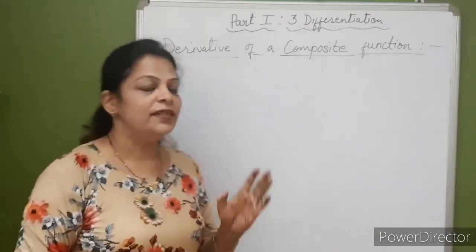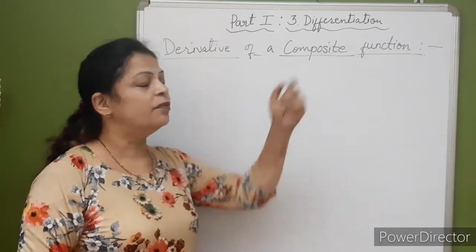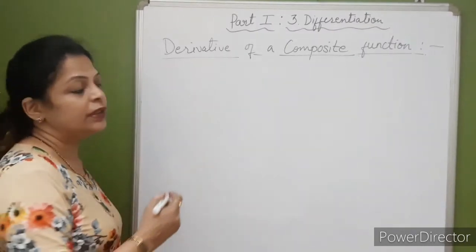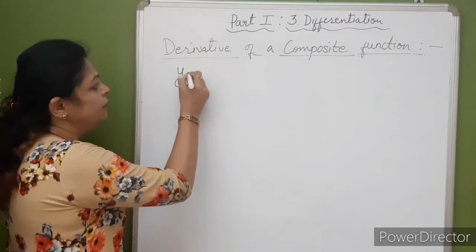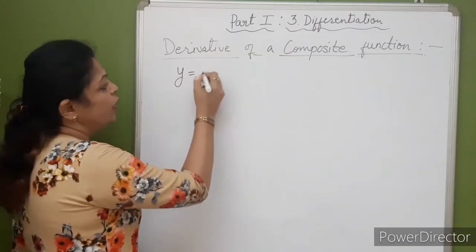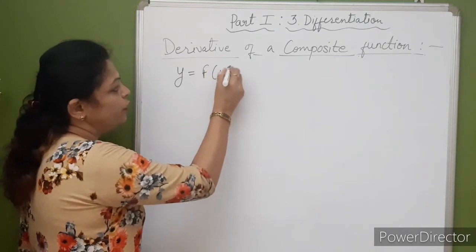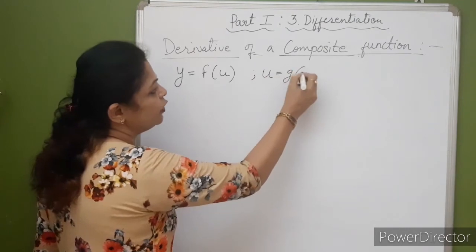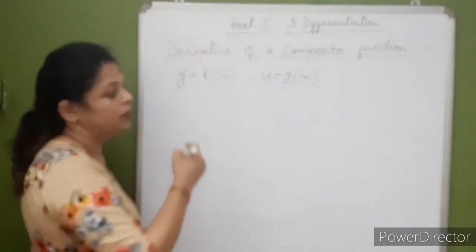Okay students, as I said, let's start with the derivative of a composite function. Now what is a composite function? Suppose y is a function of a differentiable function, say u, and u is a differentiable function of, say, x. Getting?